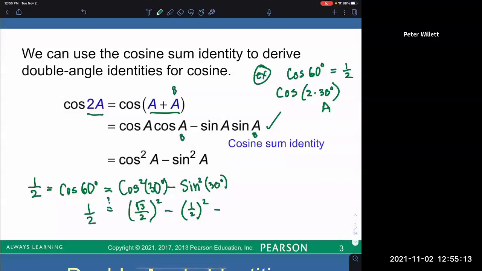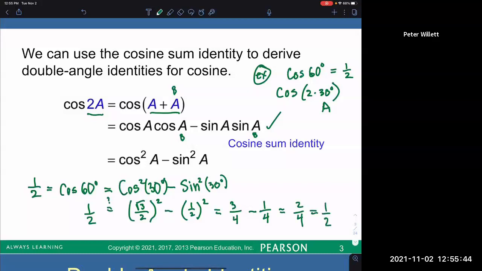So what would we get here? The square root of 3 over 2, if you square it, gives you 3 over 4. And if I take 1/2 and square it, I get 1 over 4. And if I subtract those, 3/4 minus 1/4 is 2/4, which is the same as 1/2.